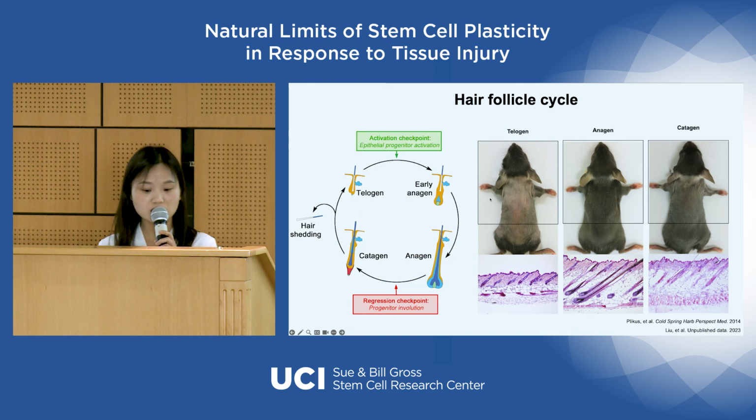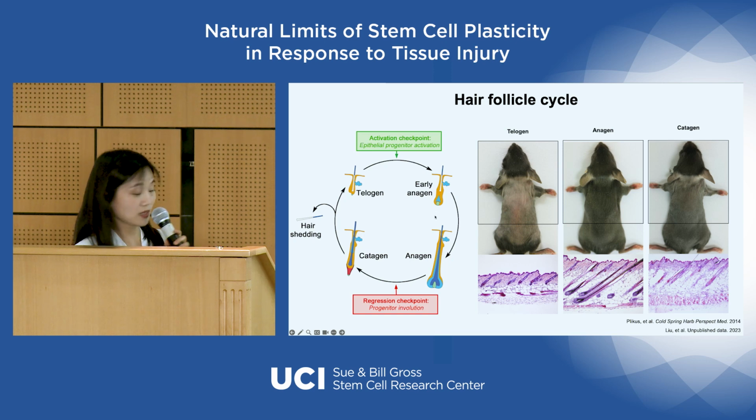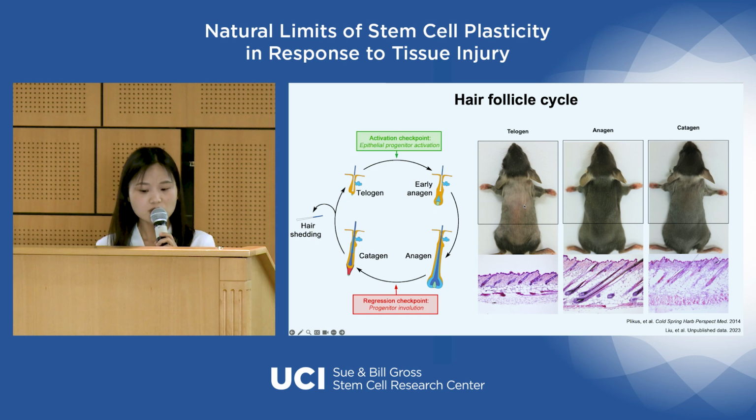There's an interesting phenomenon coupled with hair growth: it can also cause melanogenesis, which causes skin pigmentation. So if you continuously shave the mouse skin, you can use the skin pigmentation pattern as a readout for hair cycle stages, as well as an indication for hair follicle stem cell activation events.